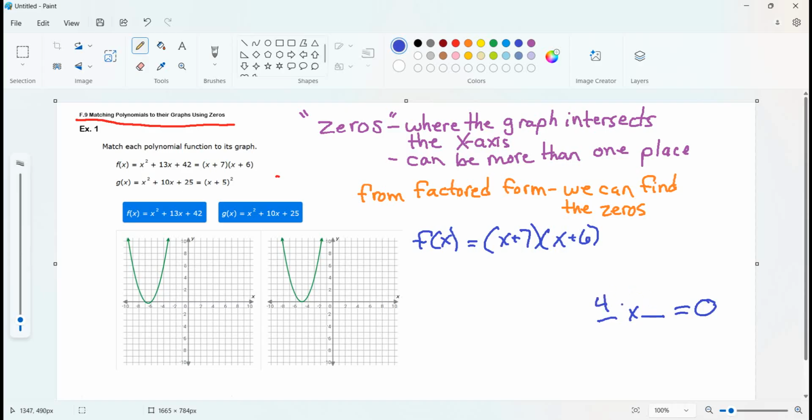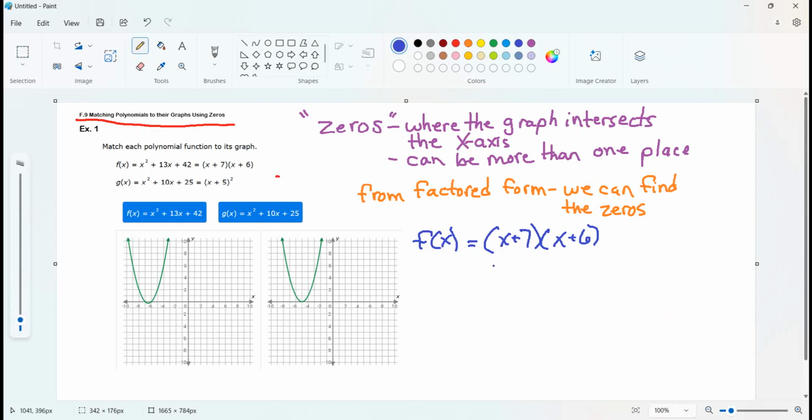Like if this was 4 times something, to get it to be 0, this would have to be 0. If this was 7, to multiply it by something that would get it to be 0, this would have to be 0. Anyway, we're going to use that idea to be able to figure out where the zeros are.